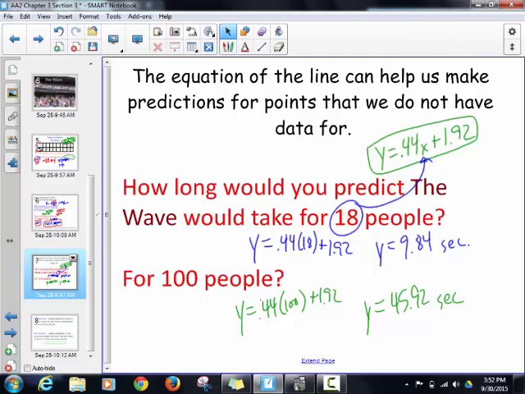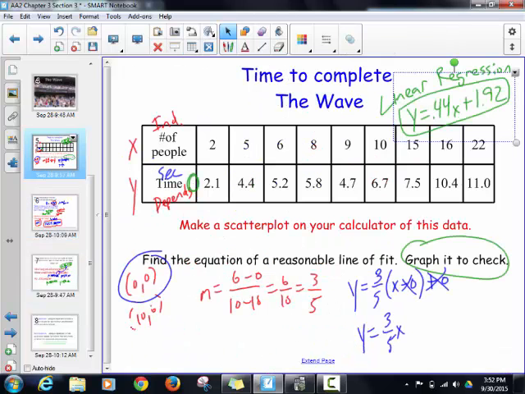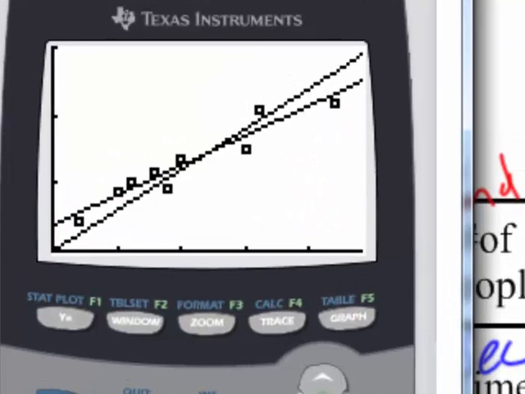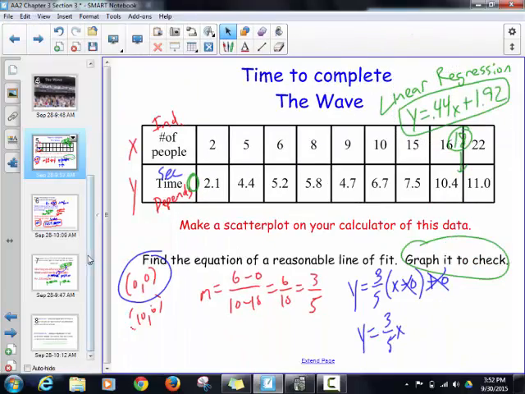If you notice this 18, if I go back and look at my table, 18 fell inside of my data. If I look at my graph on my calculator again, that 18 actually appears on my graph, somewhere in that range right there. But that 100 is not.